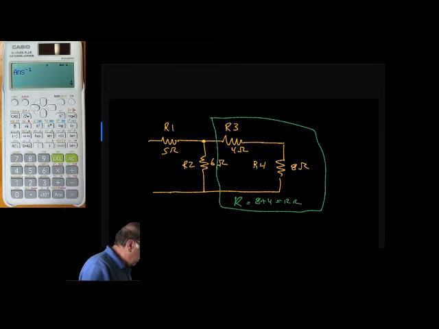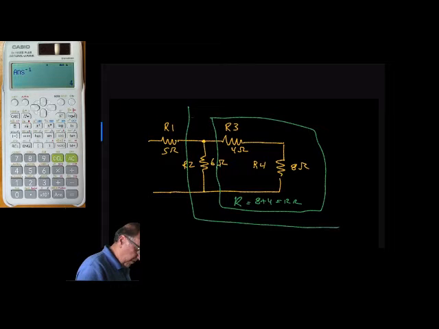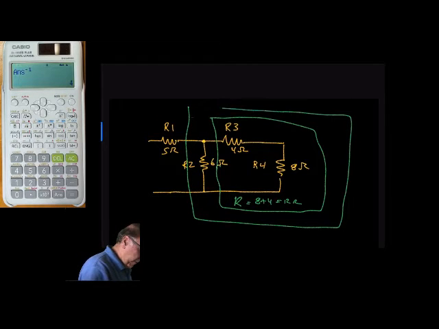And then we draw another box around these resistors, so the whole thing here. So the area in that box, we can say this R equals 6 in parallel with 12.